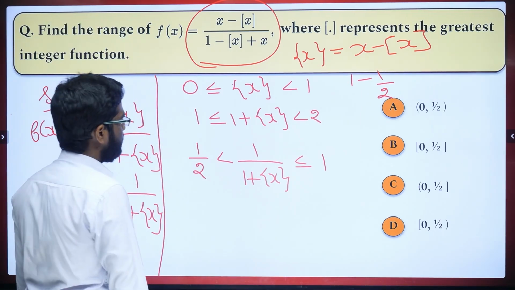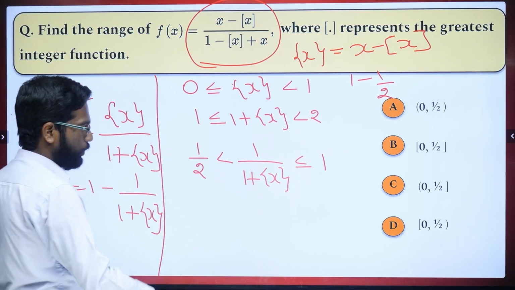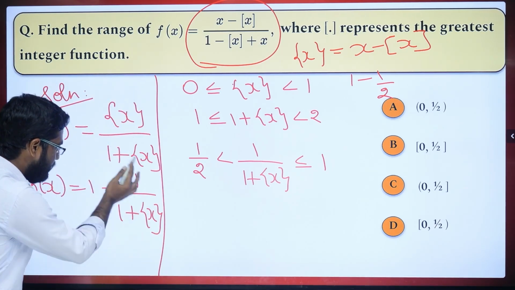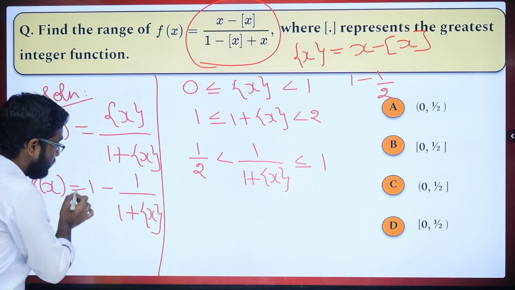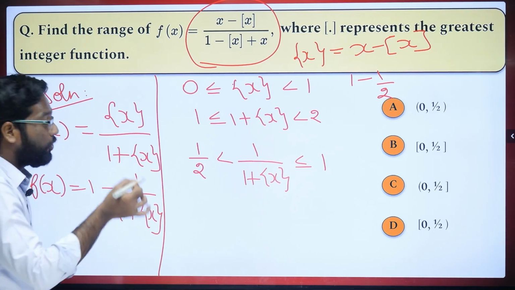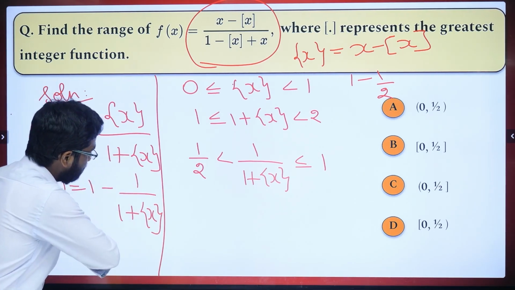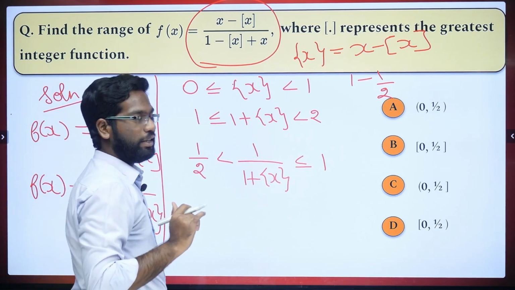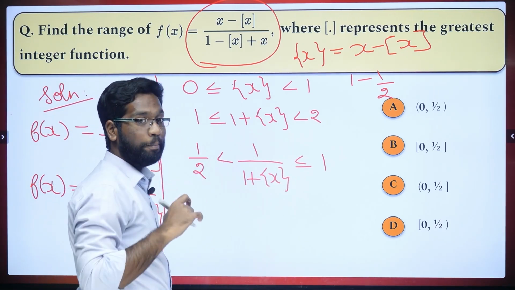So my dear students, now here the negative sign is there, still 1 minus is there. So what we have to do first is multiply with a negative throughout the inequality. If I do, what will happen?